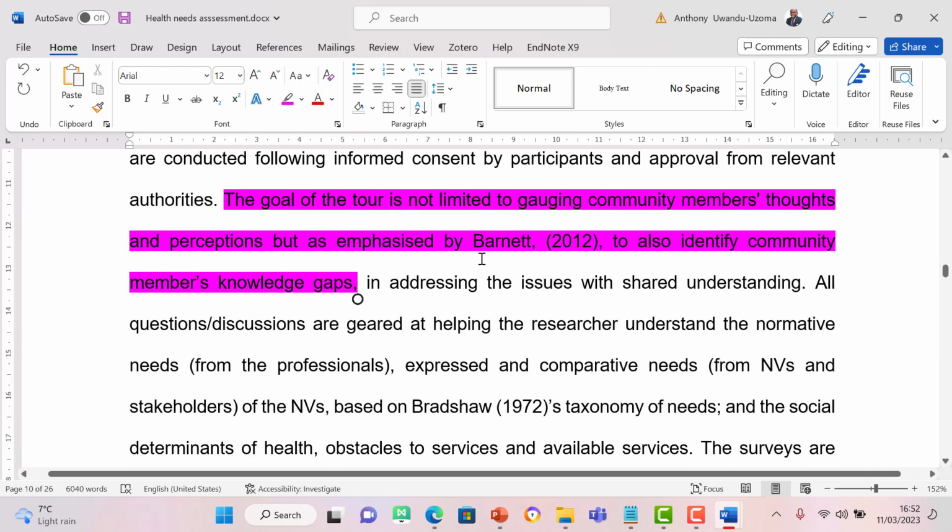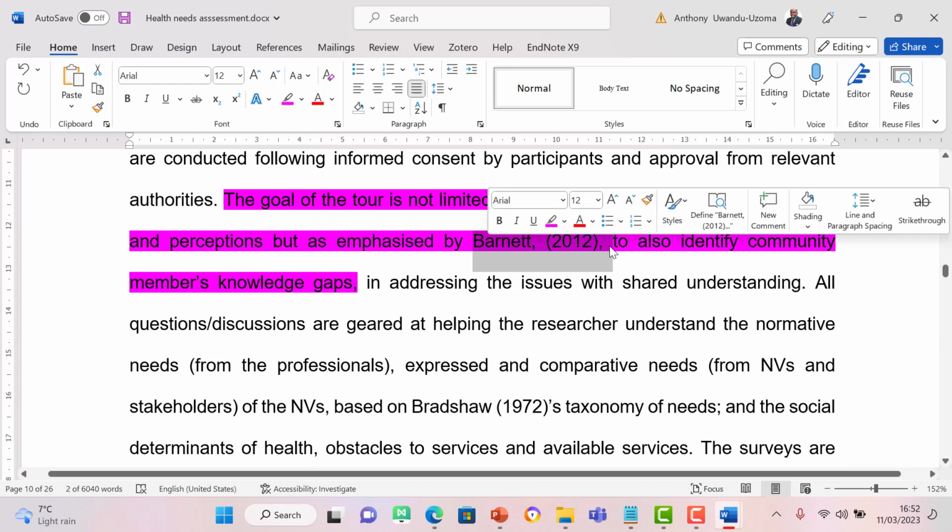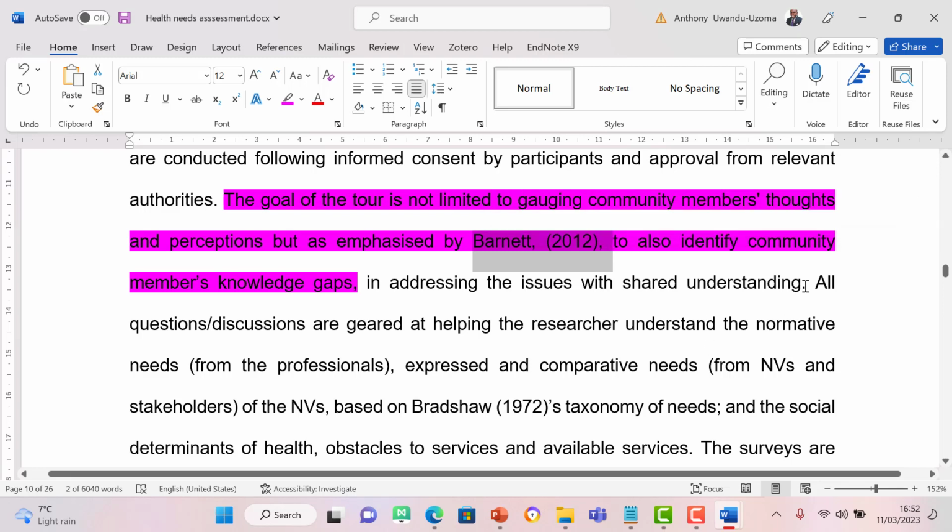Remember that there is also a quotation to back it up. As you're writing, you need to find authors to back up your claims, whatever you're saying. And then the author linked it to the four types of needs: expressed needs, that's what the subject says.